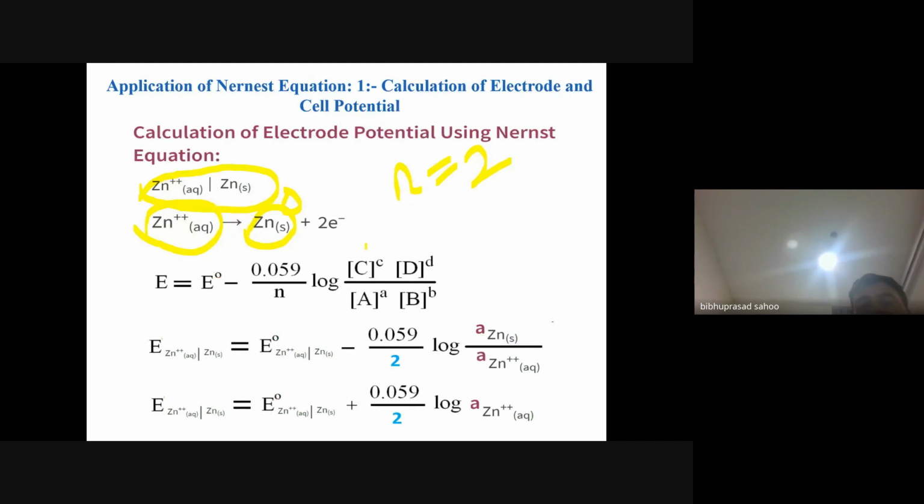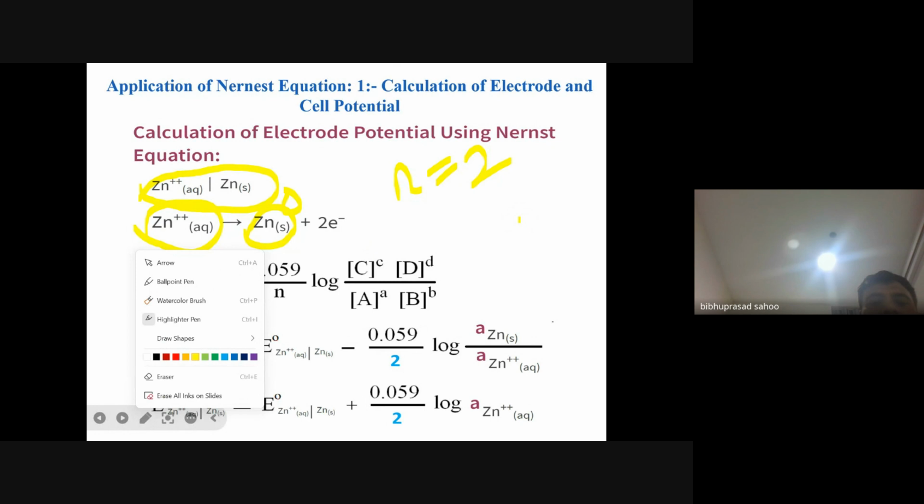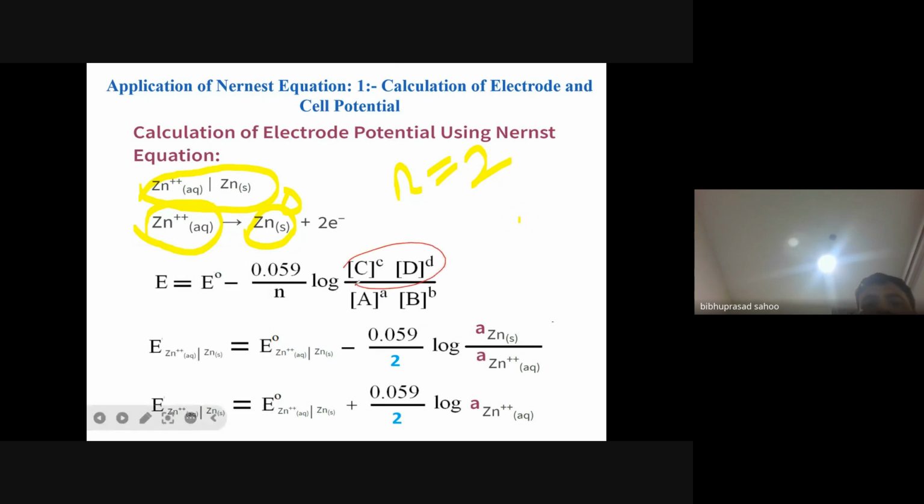So you will take 1, unity. In place of these two, you will take only Zn2 plus concentration ln.